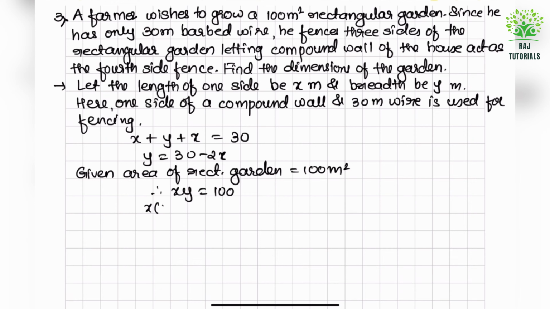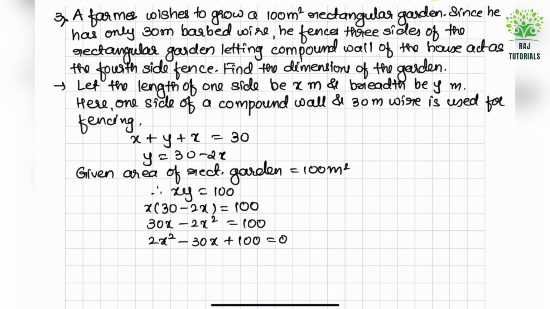So x into 30 minus 2x equal to 100. So 30x minus 2x square equal to 100. So I can say 2x square minus 30x plus 100 equal to 0.